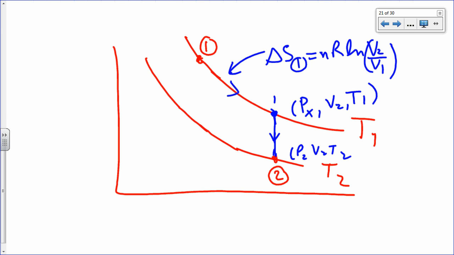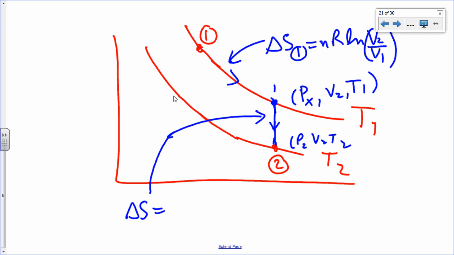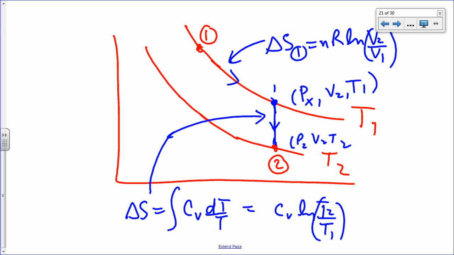What's the delta S for the second step? That's just going to be the integral of CV dT over T, which is going to be CV ln T2 over T1.